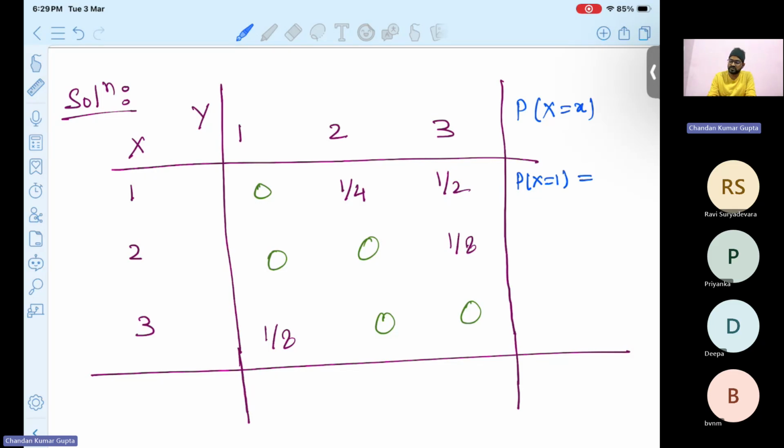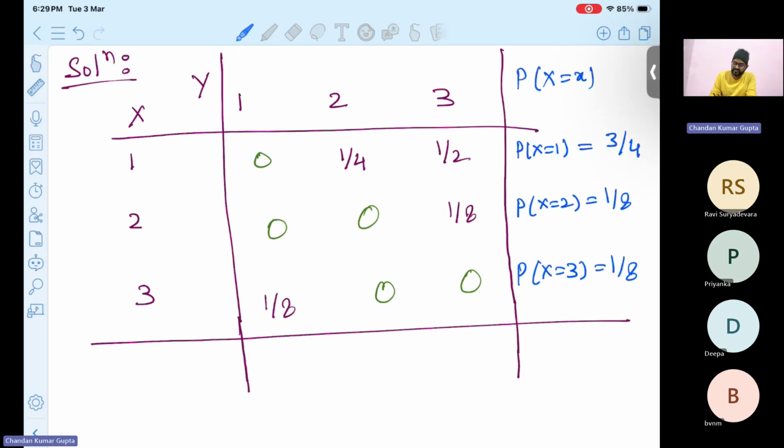So it's 1/4 plus 1/2, which comes out to be 3/4. That means 75% of the probability lies at X equal to 1 only. Then 0 plus 1/8 gives the probability that X equals 2 is 1/8, and the probability that X equals 3 is 1/8 again.